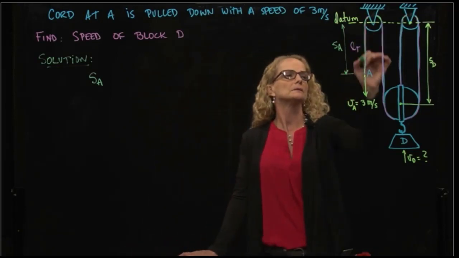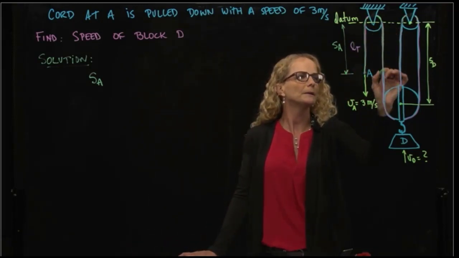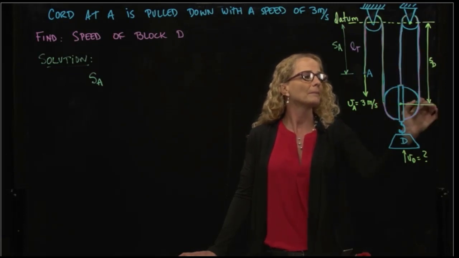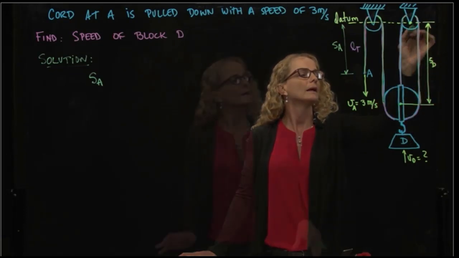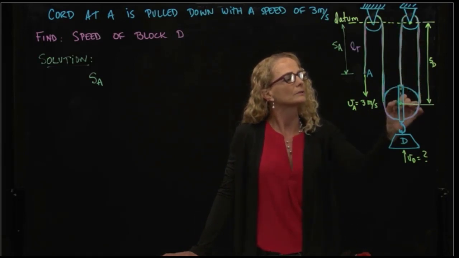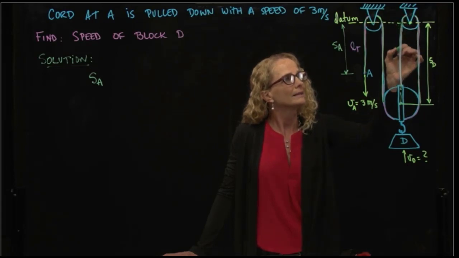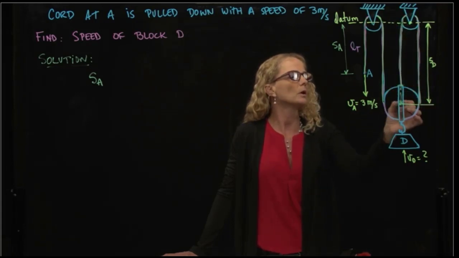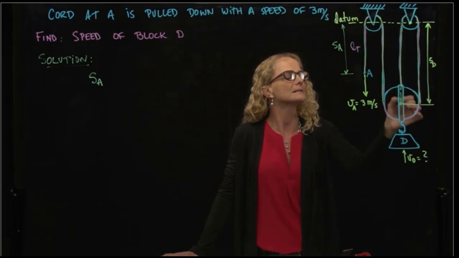I have this piece of A, then I have this piece that I call D, but that piece is D as well. It would be the same if that rope is attached to that or attached to the center. So I'm going to call this little piece SD as well, because it's exactly the same.